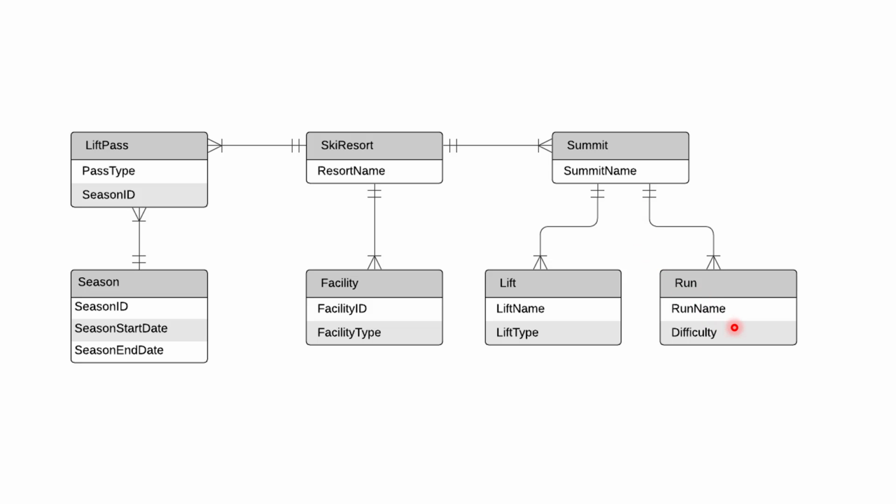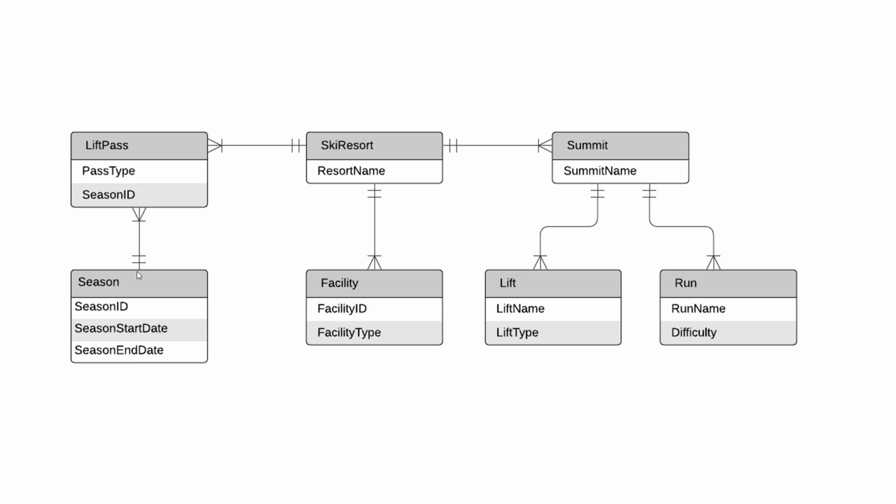For a run, I'll have run name and difficulty, easy, medium, hard perhaps, or green, blue, and black. My lifts will have names and types. Is it a gondola? Different facilities, and then lift pass, there may be different types of passes, perhaps seasonal, daily, evening pass, weekend pass, and usually a pass is designated for a specific ski season. So this is just a simple example.